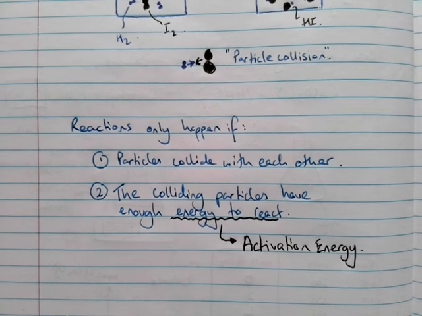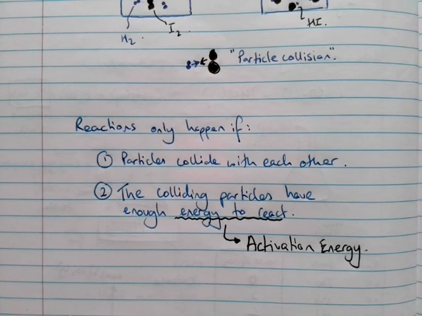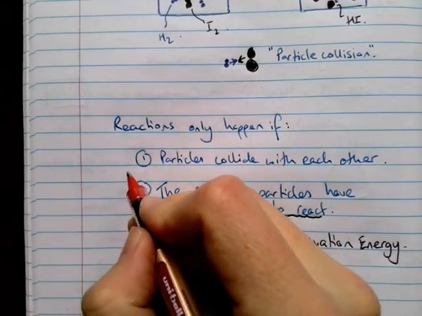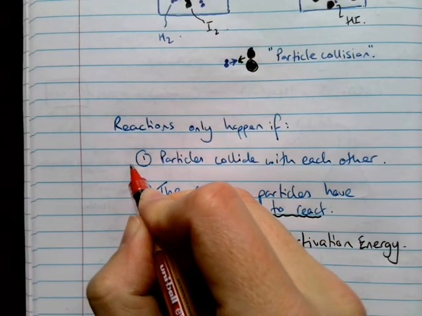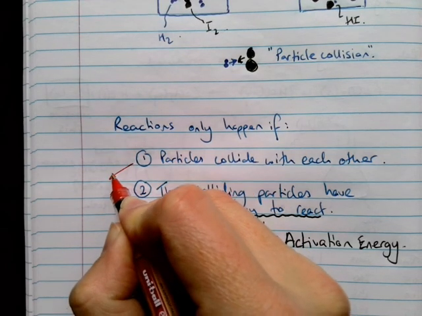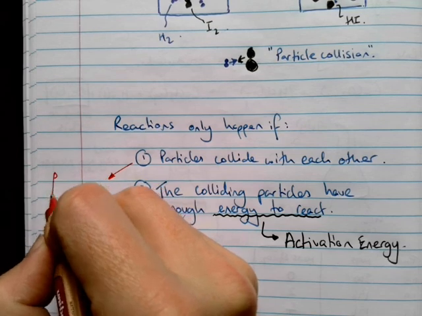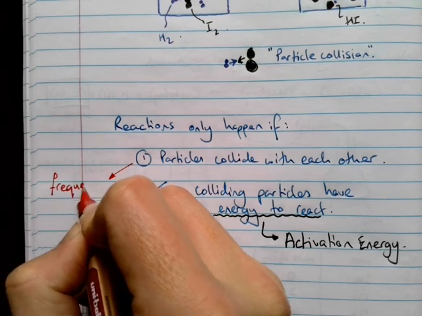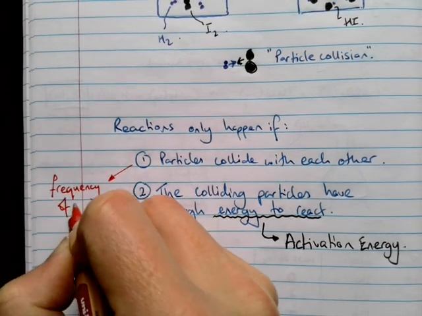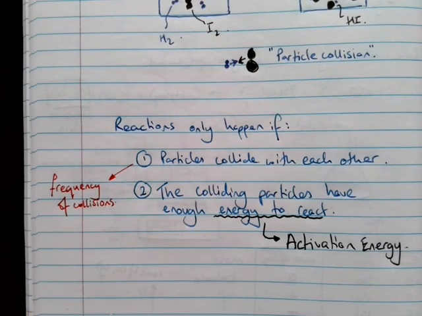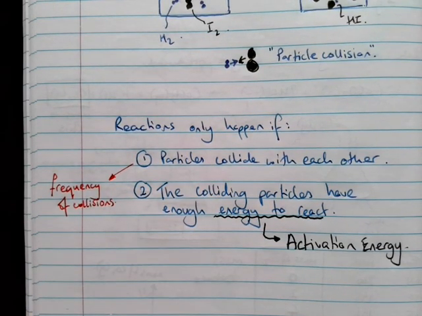So, what we have is, if we relate this now to the rate, okay, well, the particles colliding with each other, we can talk about the frequency of collisions. Okay, and there could be more collisions or there could be fewer collisions.